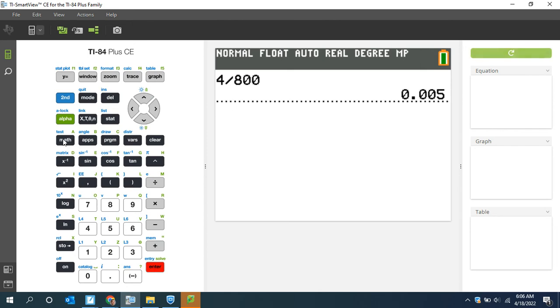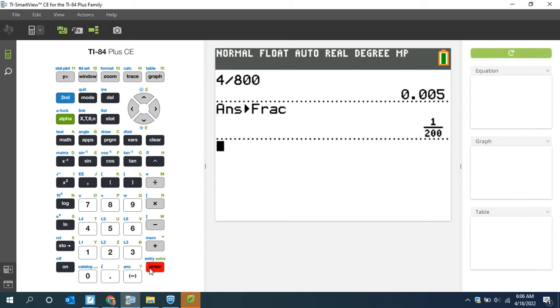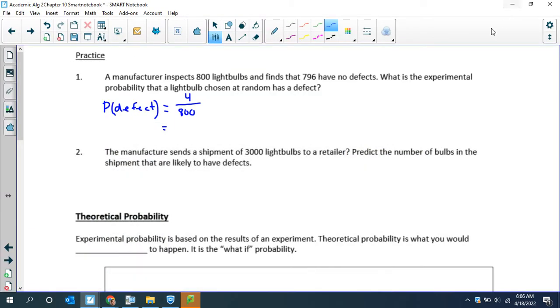And to make that into a reduced fraction, you press math and then number 1 for fraction. So 1 over 200 or 0.005. And you can decide which way you want to do it. Or if you wanted to write it as a percent, you move your decimal 2 places, so it would be 0.5%.